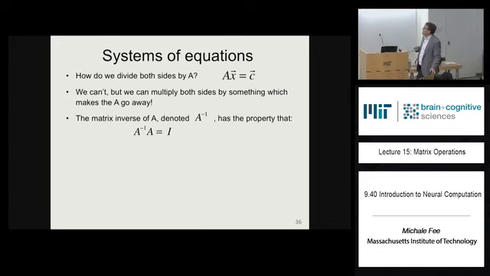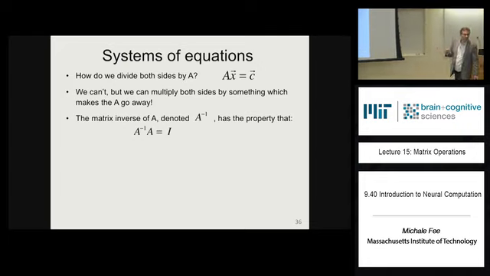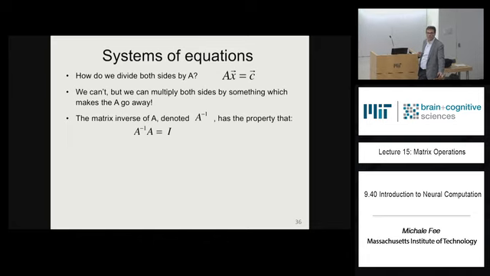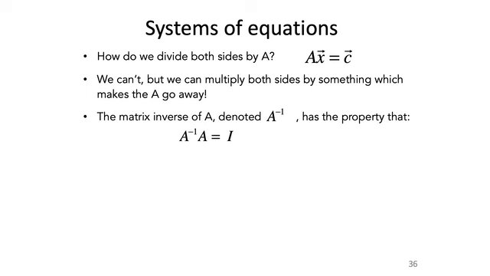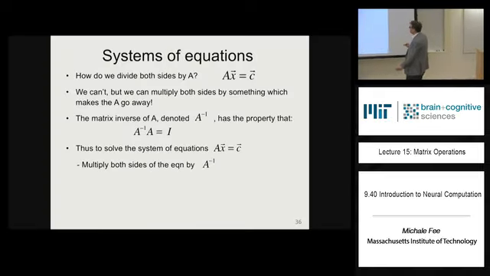That magical thing is called the inverse of A. We take the inverse of matrix A, denoted by A with this superscript minus 1. That's the standard notation for identifying the inverse. It has the property that A inverse times A equals the identity matrix. Okay? You can sort of think about this as the identity matrix over A. Anyway, don't really think of it like that.